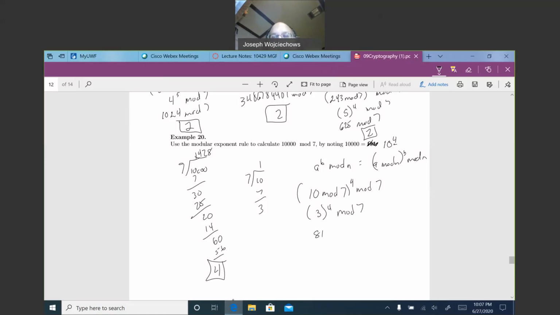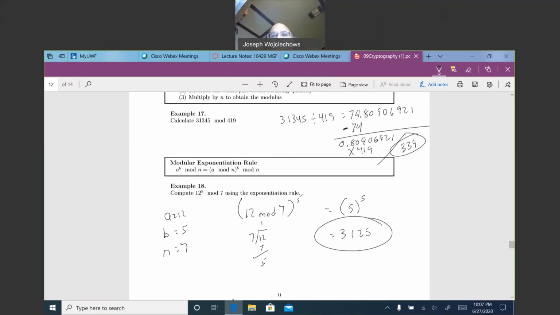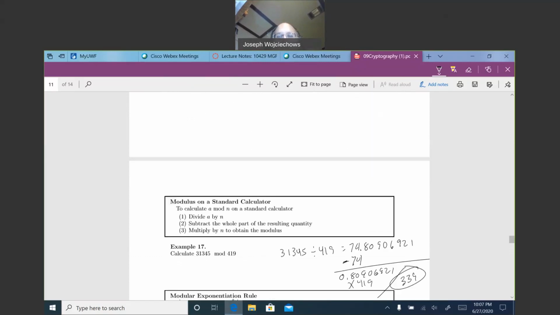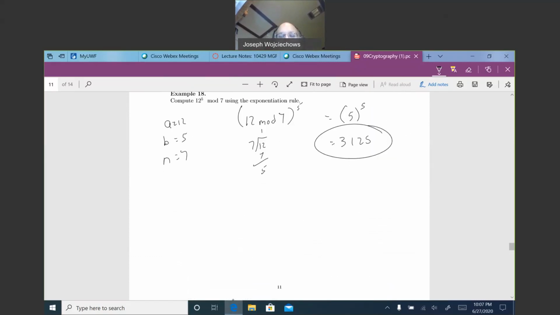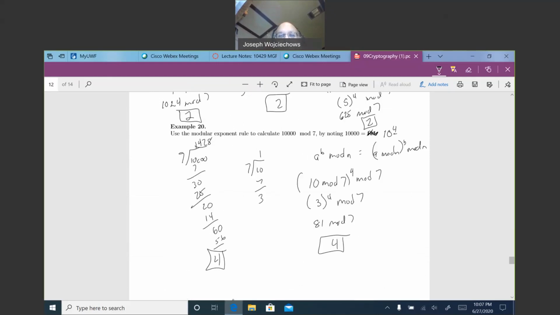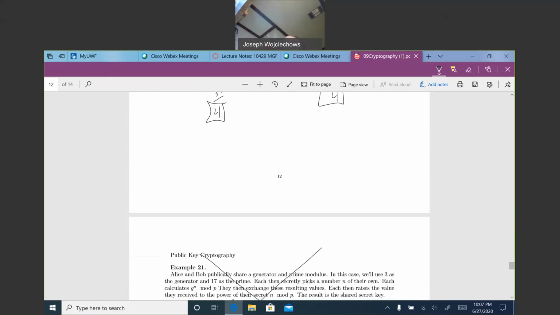This is 81 mod 7, and this does turn out to be 4. I believe we calculated it earlier. Where was it? I swore we did that earlier. Maybe not. But it comes out to be 4.